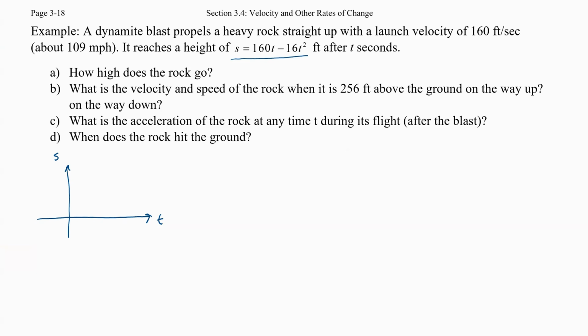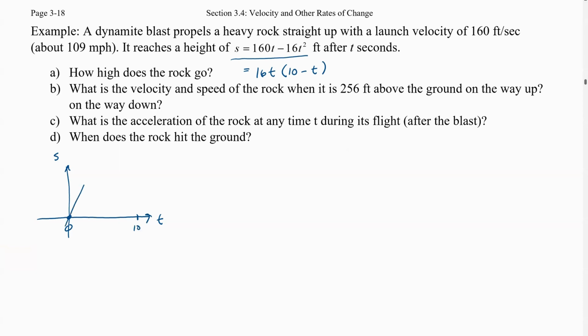Looks like this one opens downward. It looks like I could factor out a 16t, and I get 10 minus t. It looks to me like it has 0 height at time 0, and it has a second 0 height at time 10.